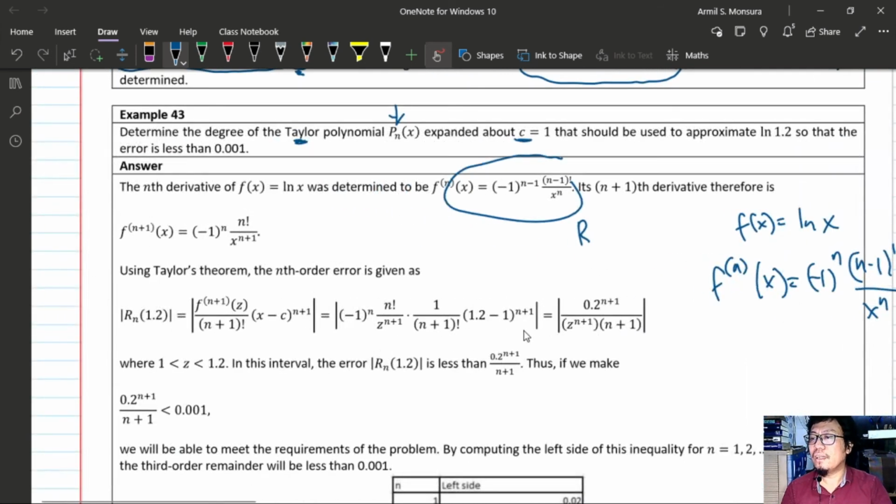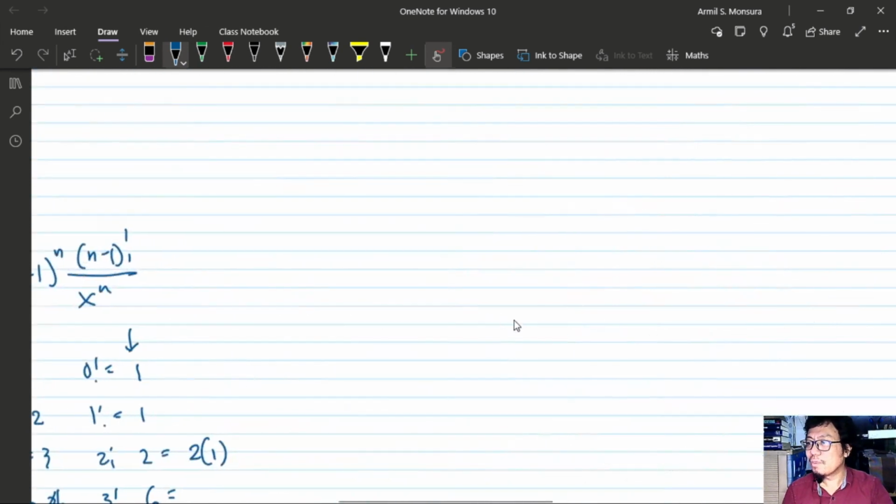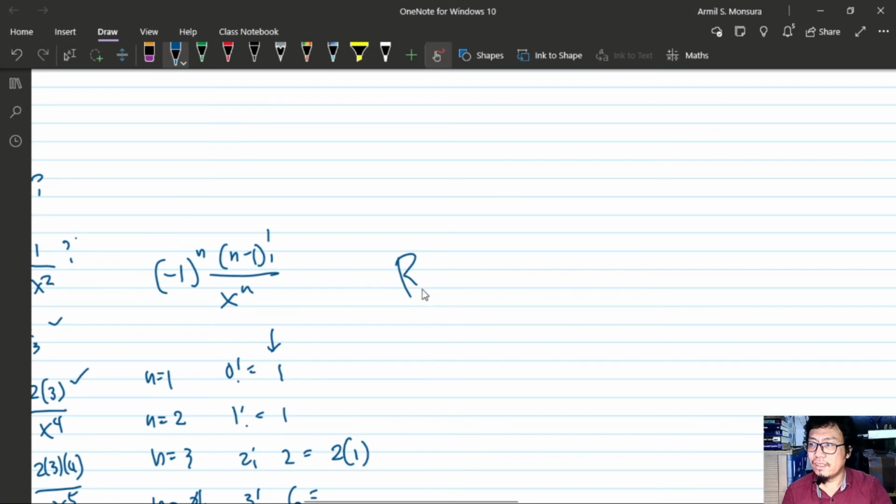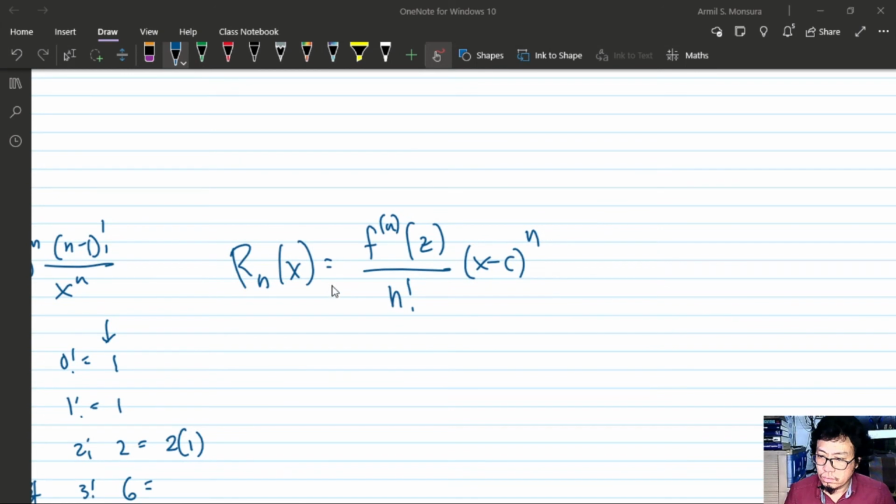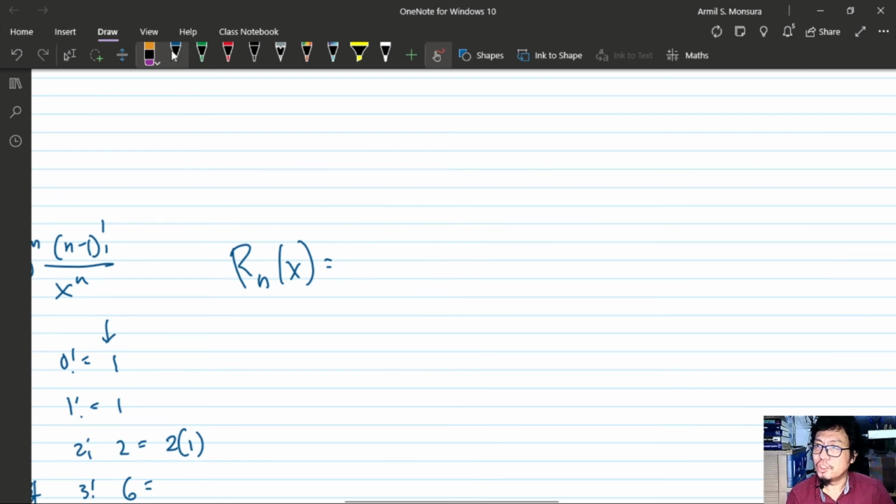And remember that the Lagrange form of the error is the nth derivative of f at z over n factorial, multiplied by x minus c raised to n. Sorry, this should be n plus 1.